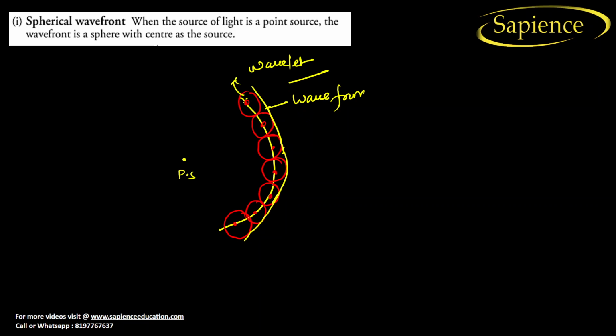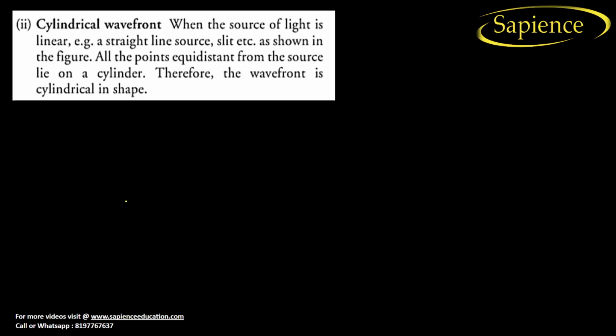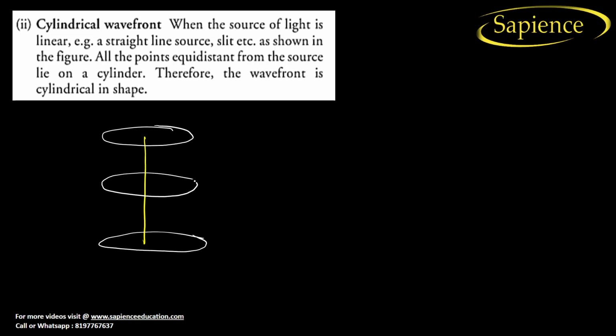Got it? Now, cylindrical wavefront. If the light source is like this, you will get a cylindrical wavefront. So see here, you will get a cylindrical wavefront like this. Got it?